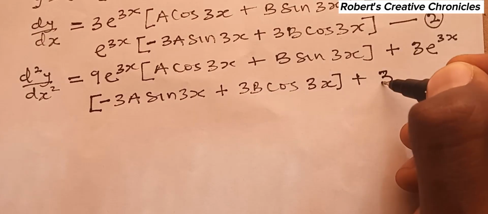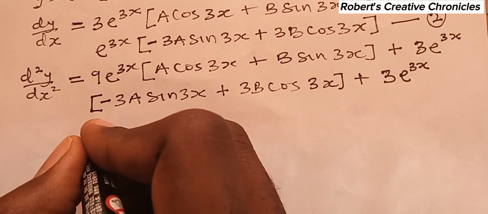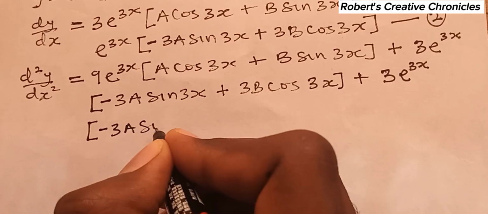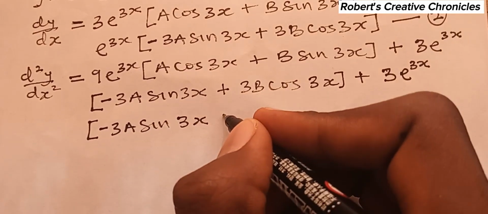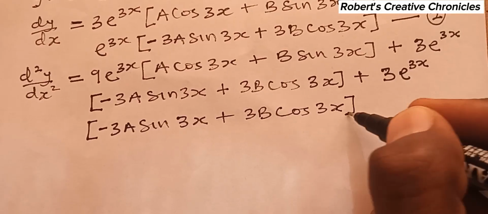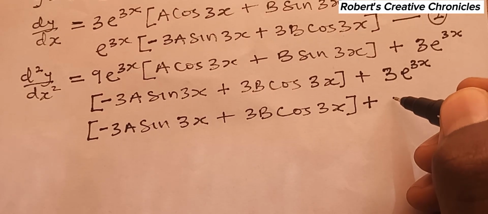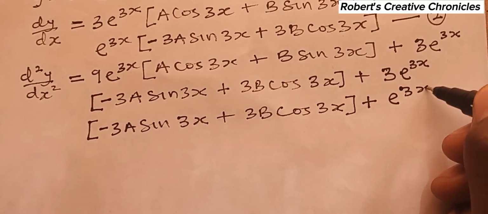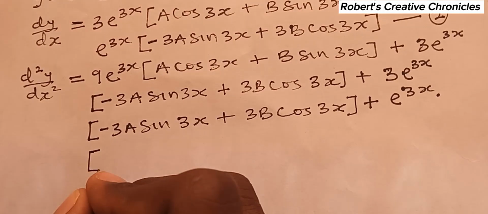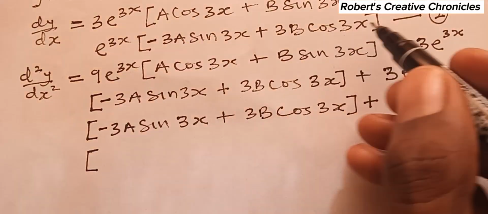It will be 3e^(3x)(minus 3a sin 3x plus 3b cos 3x) plus e^(3x)(, and derivative of this one.